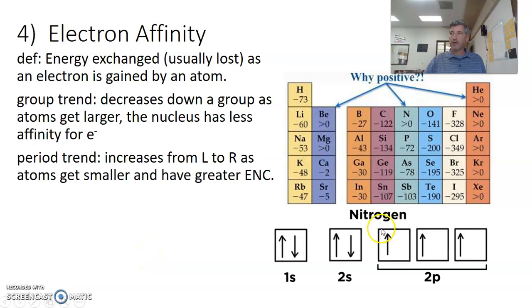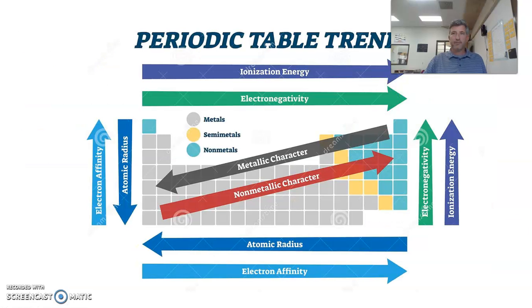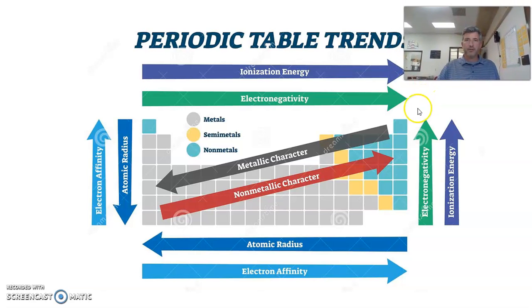All right, the last thing I want to show you is just sort of the general trend pattern here. You'll notice that ionization energy, electronegativity, and electron affinity all follow the same trend. They go up as we go up and to the right. Another way to say that is nonmetals tend to have high ionization energies, tend to be very electronegative, and tend to have great electron affinities, or at least greatly exothermic, negative electron affinities.